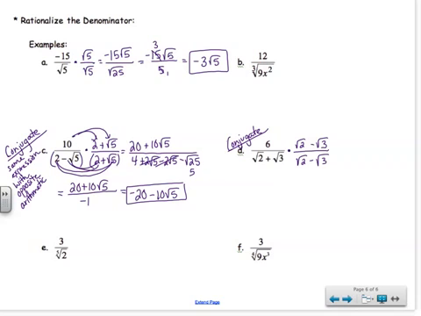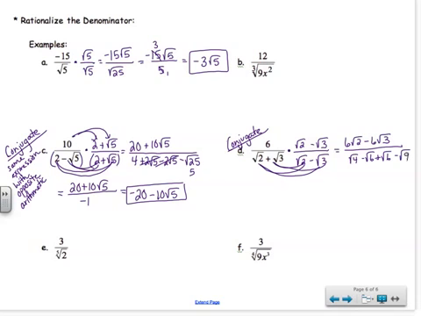So this time we're changing from addition to subtraction. So again, I'm going to distribute in the numerator, 6 root 2 minus 6 root 3. And in the denominator, we're going to FOIL. So I get root 4, and I get minus root 6. And here I get plus root 6. And over here I get minus root 9.